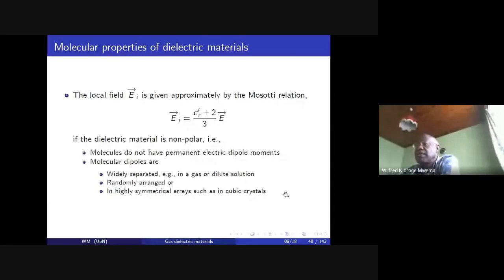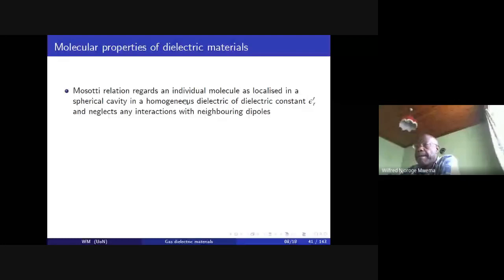So the Mossotti relation regards an individual molecule as localized in a spherical cavity, and will neglect any interactions with the neighboring dipoles. But this, in practice, will always occur.